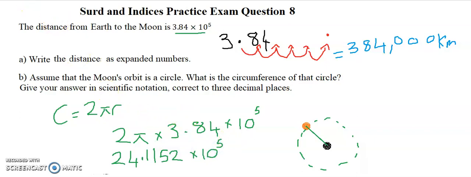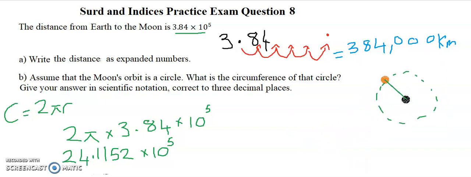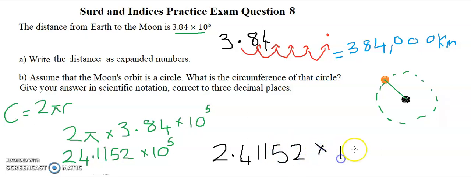The only thing I need to do now, because it's partly in scientific notation form, is the fact that I've got 2 numbers in front of the decimal. So I just need to make sure I rewrite it in scientific form, so that I've got it as 2.41152 times 10, because I've moved the decimal place over one spot, it'll be times 10 to the power of 6 this time.